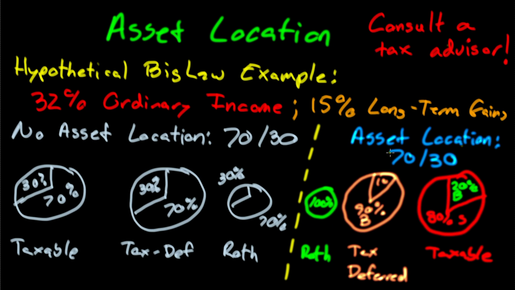This is a way that you would apply asset location. It's just hypothetical, but just to illustrate and bring it home that typically what I see is people will arrive at a target asset allocation and they'll go apply it to each of their accounts. That's fine. It's not terrible, but this might be the more efficient way to get it done.